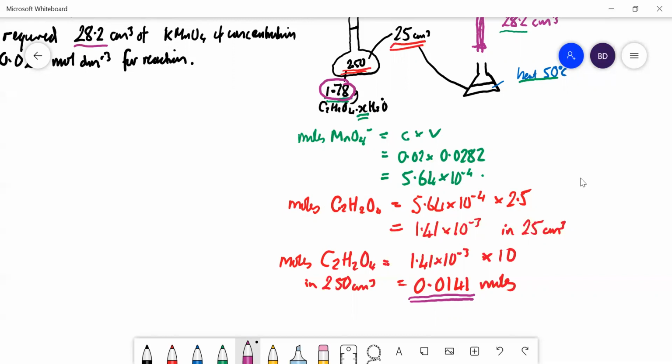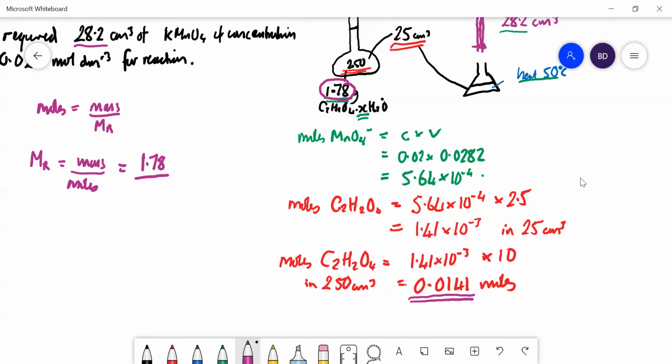So moles is equal to mass over MR, so the MR is going to be equal to mass over moles. The mass, we're told, was 1.78 grams.